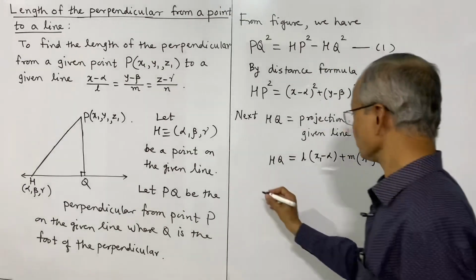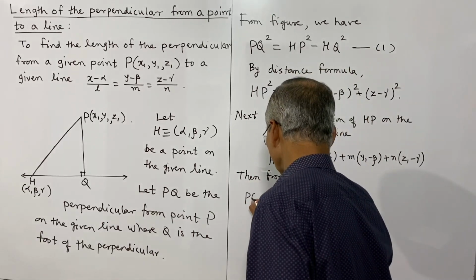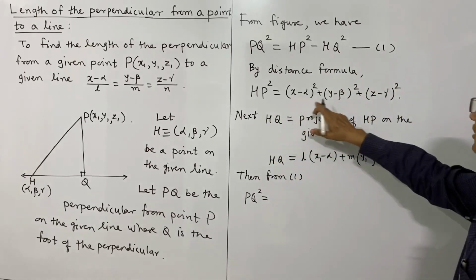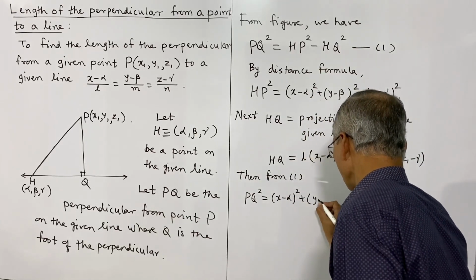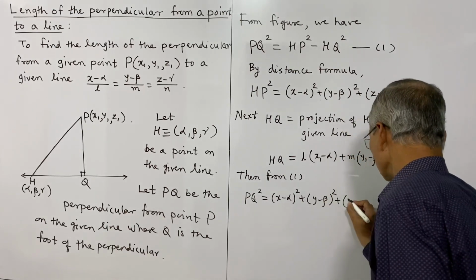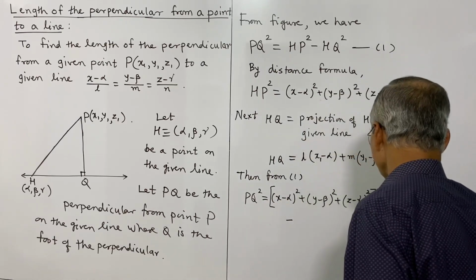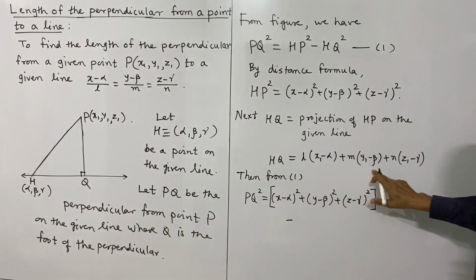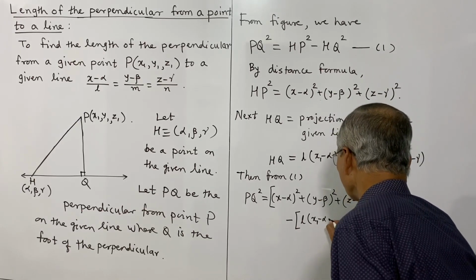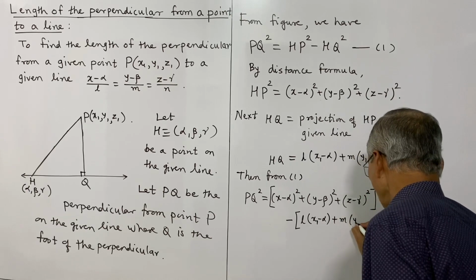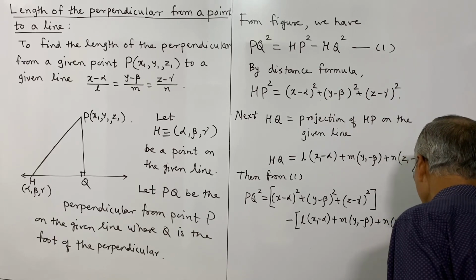So from 1, PQ square is equal to HP square, in the same form, x minus alpha whole square plus y minus beta whole square plus z minus gamma whole square, minus the square of this quantity, which we write in bracket and then square it: L into x1 minus alpha plus m into y1 minus beta plus n into z1 minus gamma, its square.